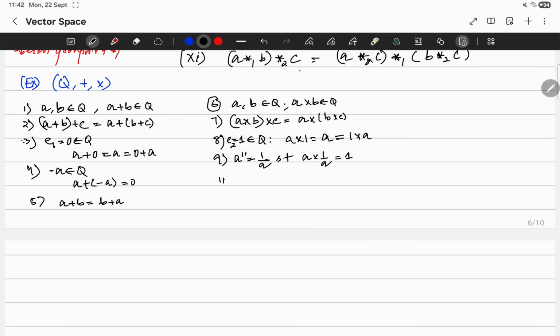And the 10th property, a times b is equal to b times a, and the 11th property is that (a + b) times c will be a times c plus b times c. So Q with addition and multiplication is a field.